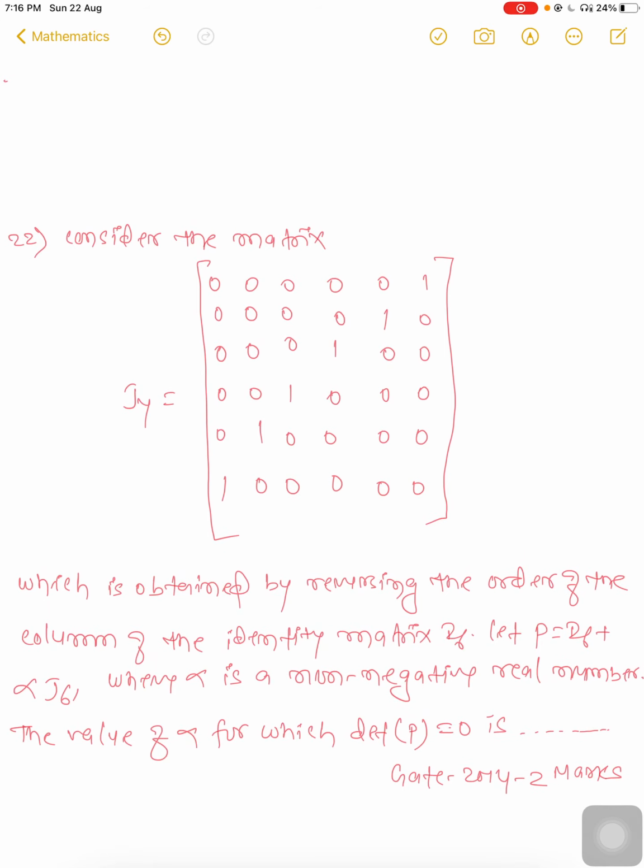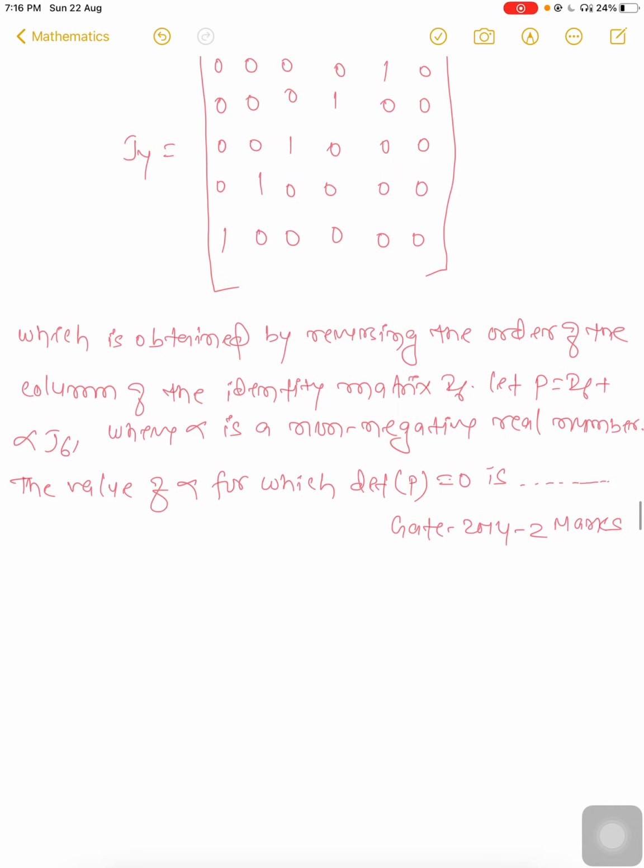Consider the matrix J4 is given, and 0 0 0 0 1, like a big matrix given, which is obtained by recursively ordering the columns, and the identity matrix I6. Let P is equal to I6 plus alpha J6, where alpha is a non-negative real number. The value of alpha for which the determinant of P is equal to 0.